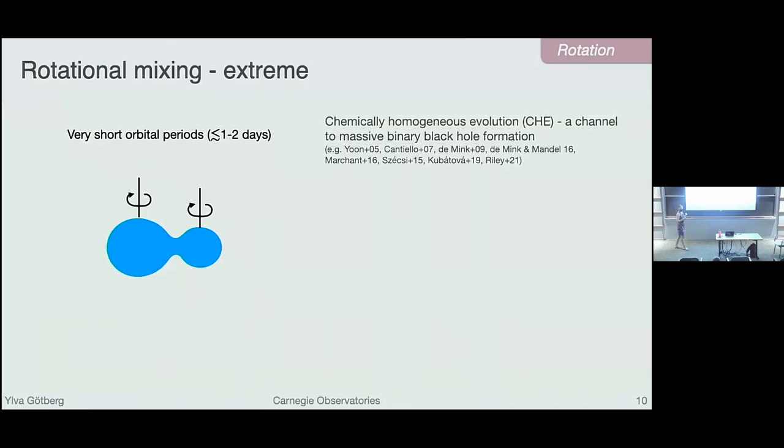So just from the really short orbital period, they should have really fast rotation rates and therefore invoke these meridional circulations and rotational mixing and things like that, slowly turning these stars into helium balls that could collapse to black holes and create gravitational wave events also. Let's throw it out there. Yeah, so that's an interesting theory as well. So it could be fun, not only for rotational mixing to find this, but also for the gravitational waves.